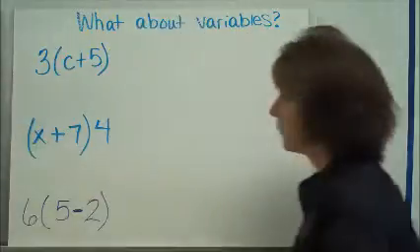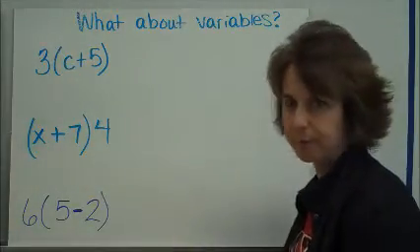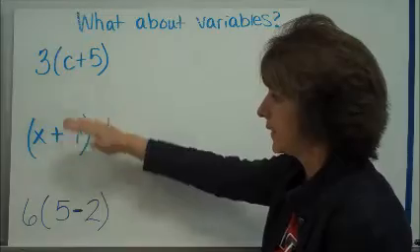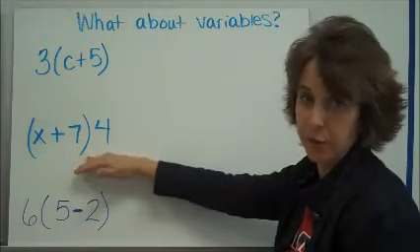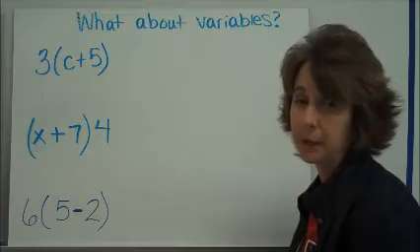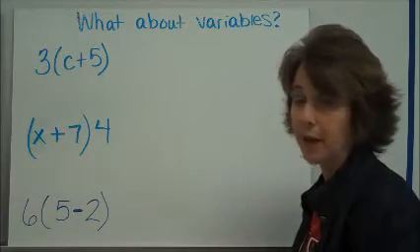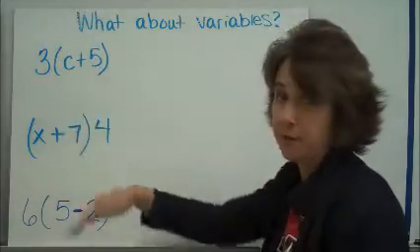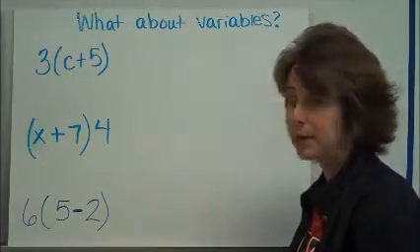So, what about variables? Again, these would be evaluating expressions or simplifying expressions, because evaluating an expression is what you do to find the value. And if you don't know the value of c, you can't evaluate it, but you can simplify it.